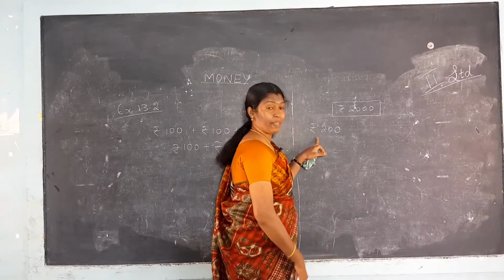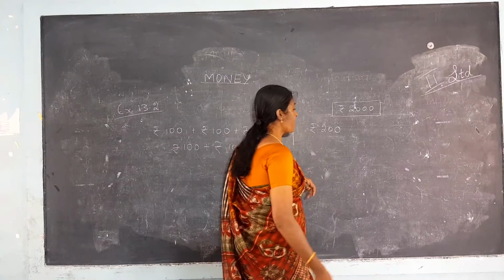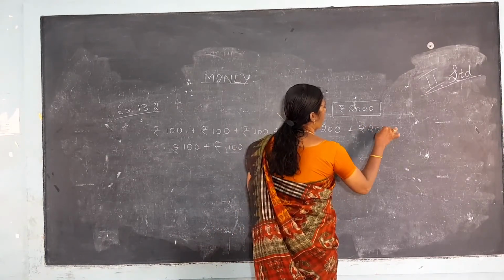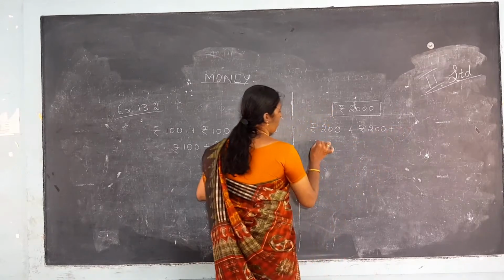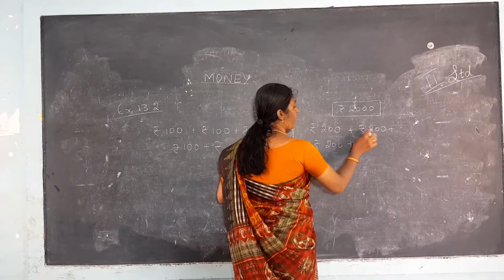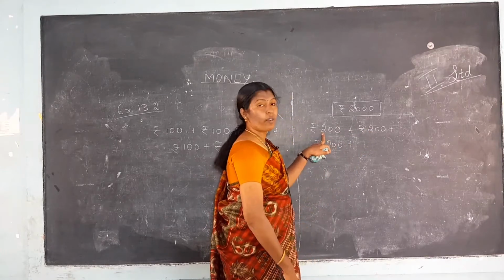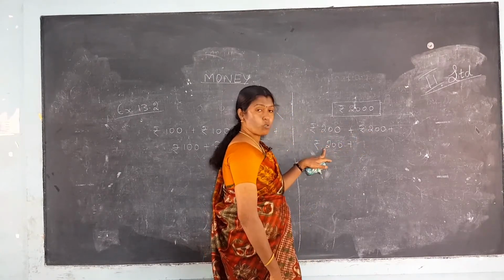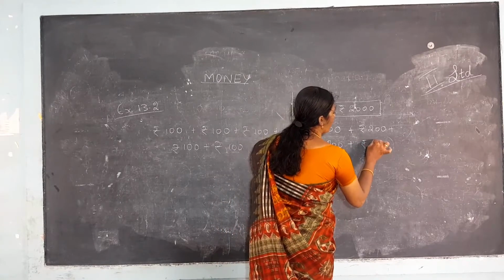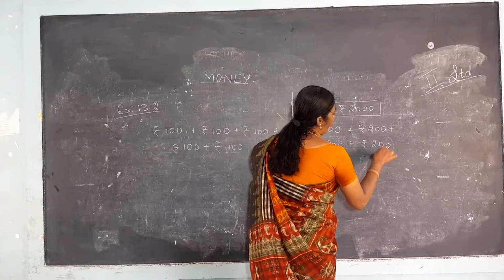Just we see here. First 200 rupees, 200. Next again add 200. 200 plus 200, 400. 400 plus 200, 600. 600 plus 200, 800.